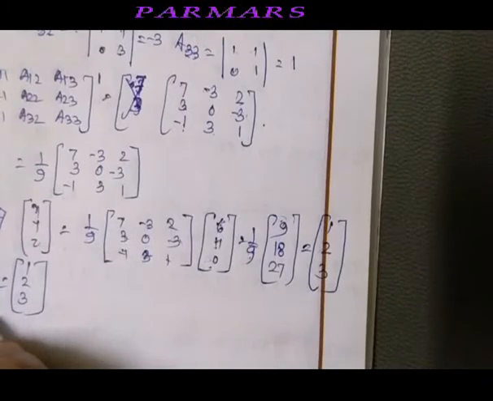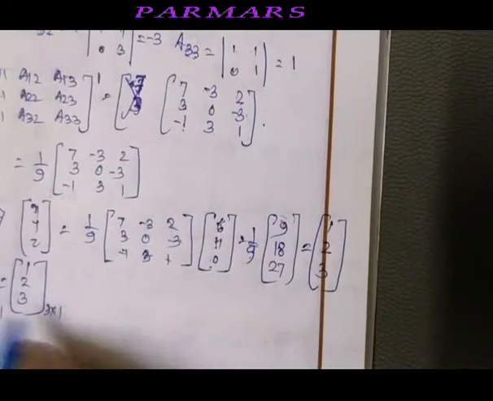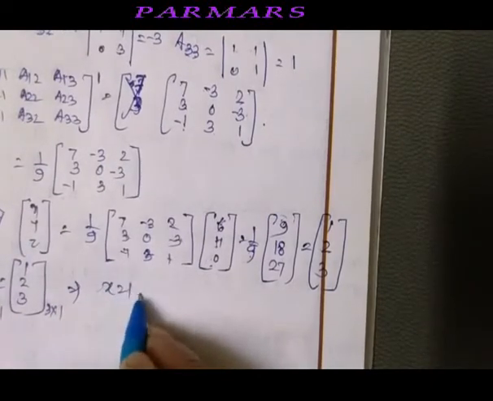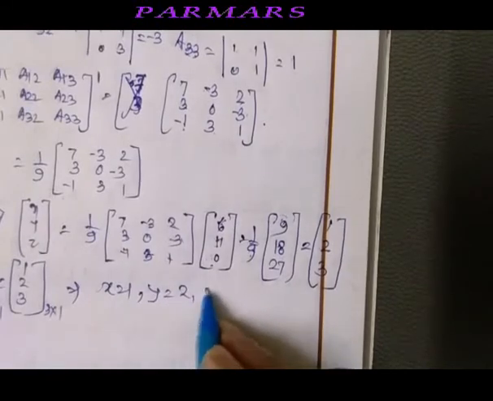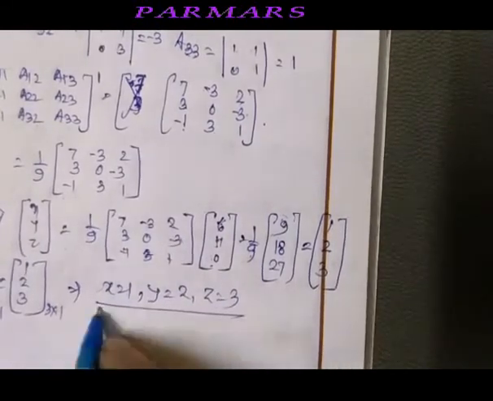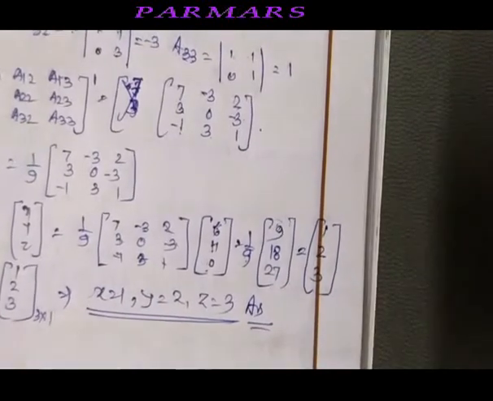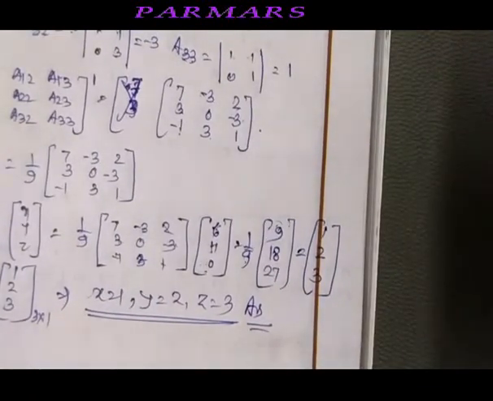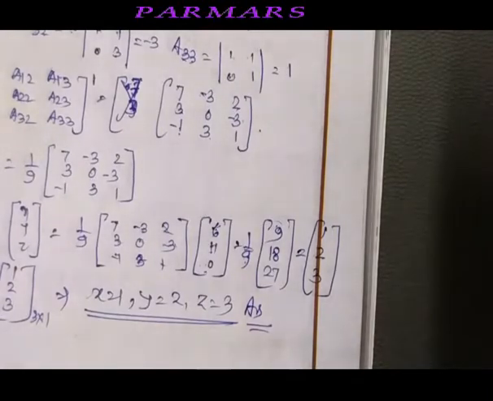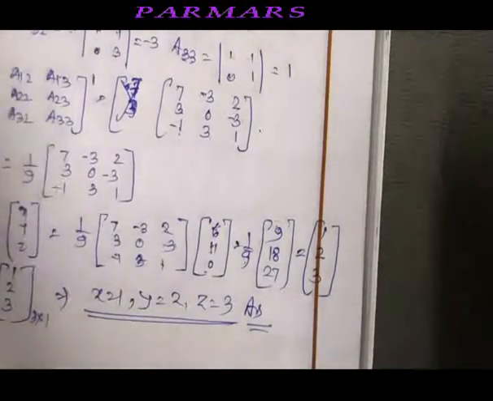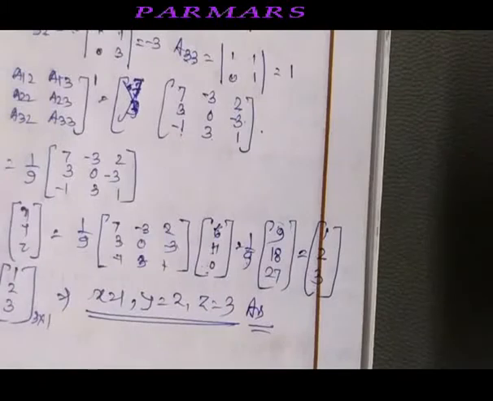These are of the order 3 by 1, so their corresponding elements are equal. X is equal to 1, Y equal to 2 and Z is equal to 3, and this is the required solution. Am I correct? So this way you can find the solution of the linear equation in different parts of the question.